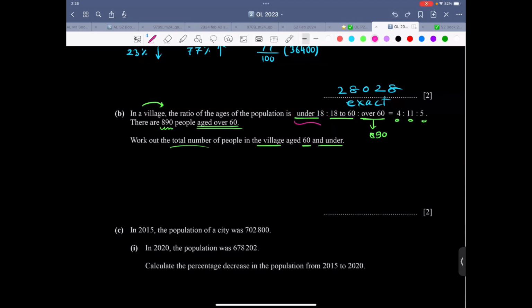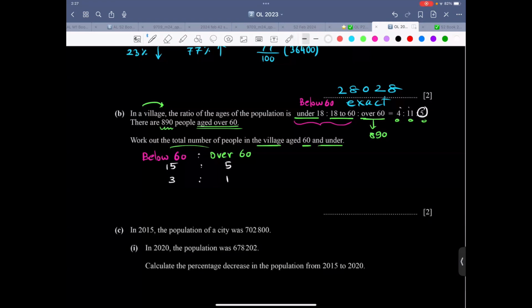Under 18 and 18 to 60 is basically below 60. So there is a category below 60 and a category over 60. How many people in ratio form are over 60? That is 5. And 4 plus 11 is 15. So this is 15:5, which can also be written as 3:1 in the simplest form.